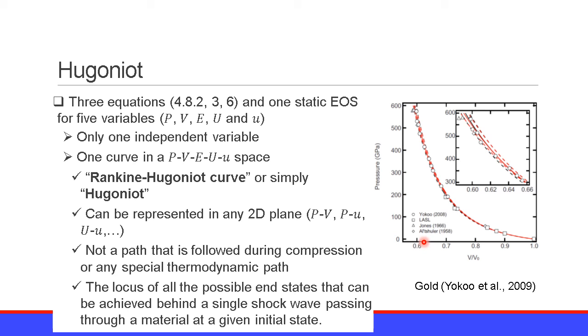Please note that the Hugoniot is not the locus a sample follows in one experiment. It is an accumulation of data at different experimental conditions with different particle velocities.